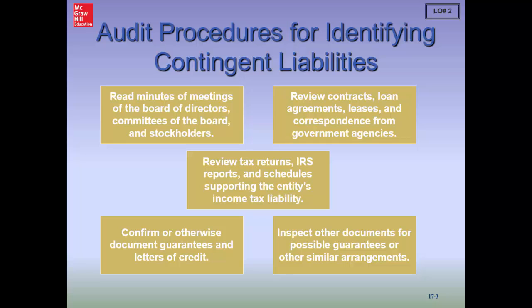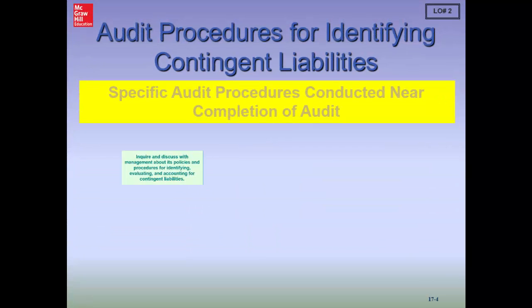We're going to review contracts, agreements, leases, review tax returns, and any communication coming from the IRS. We're going to confirm or otherwise document guarantees or letters of credit, as well as inspect documents for possible guarantees or other arrangements. And again, what we're looking for are events that create liabilities that meet the standards of a contingent liability.